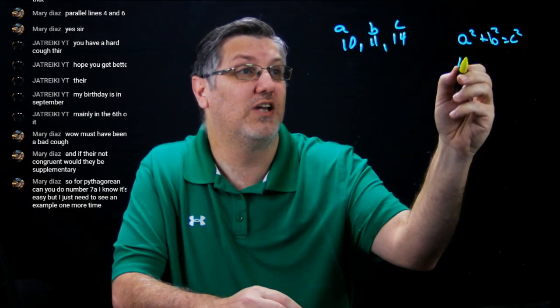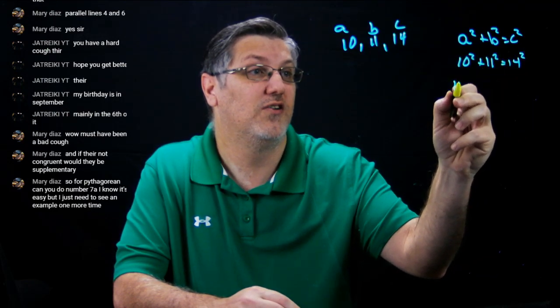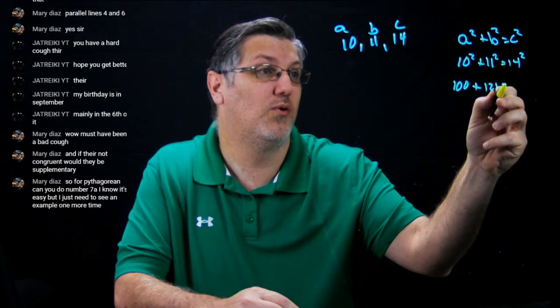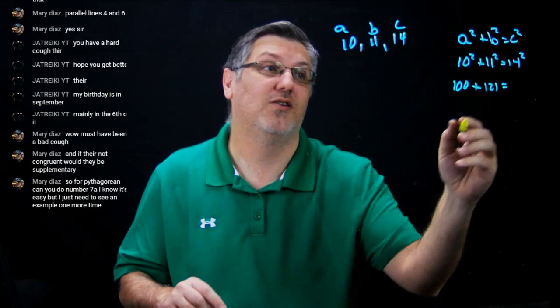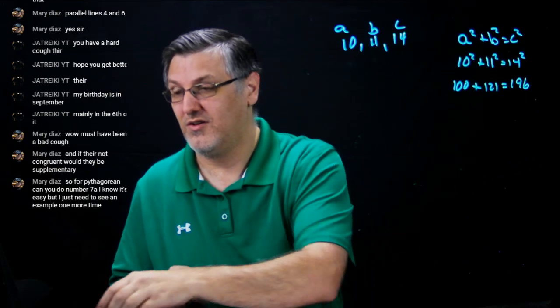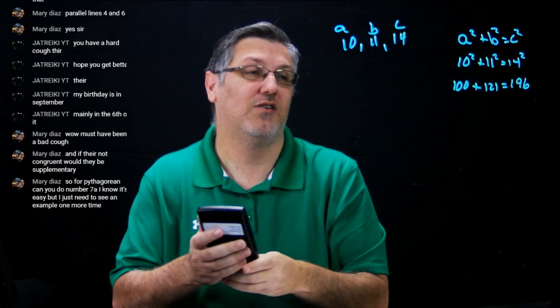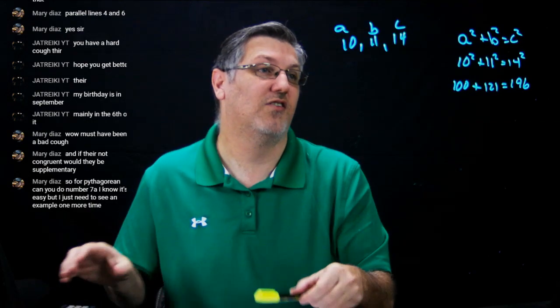So from there, we just plug it in. 10 squared plus 11 squared equals 14 squared. This is 100 plus 121 equals 196. Let me double check. Yeah, 14 squared is 196.